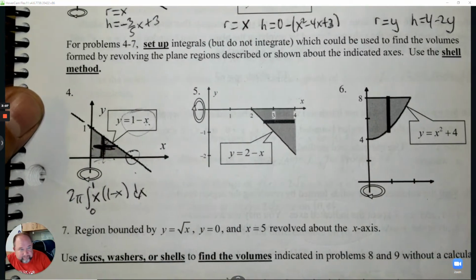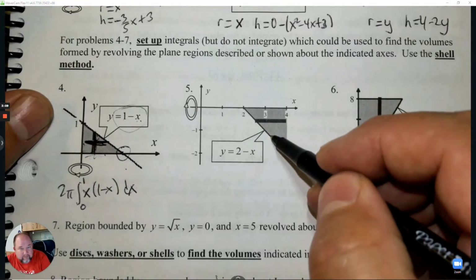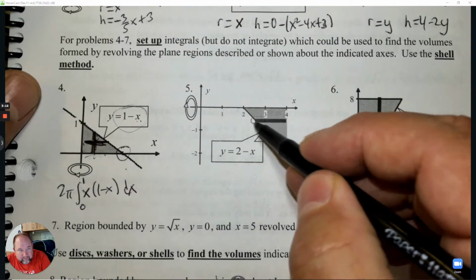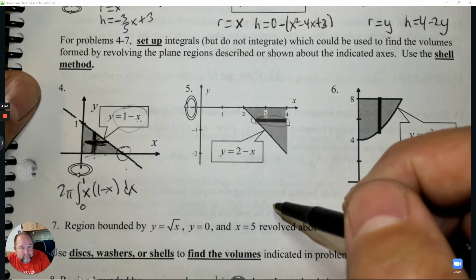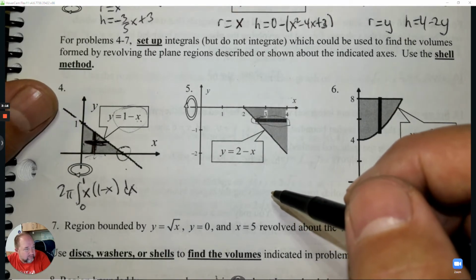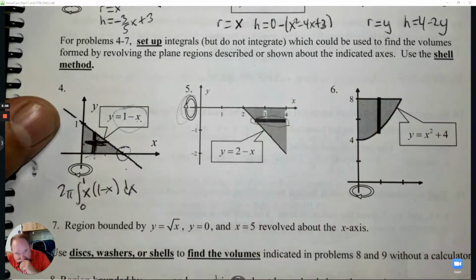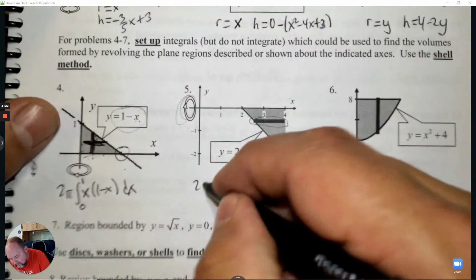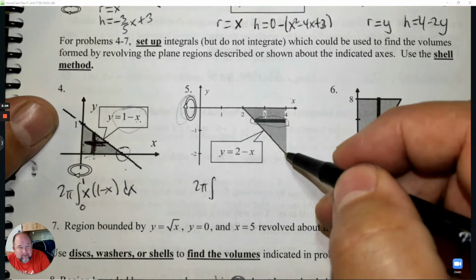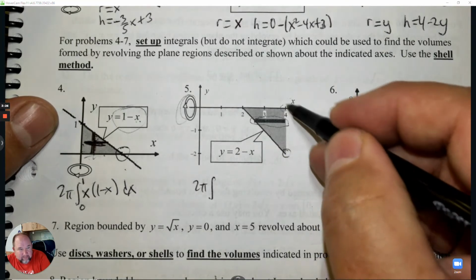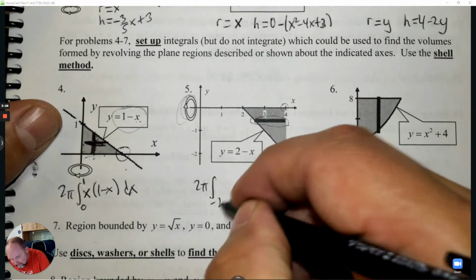Number 5. Again, using the shell method here. This represents the height. Now it's sideways, so it's going to be in terms of y because of the direction it's going. Still 2 pi. The y value, the bottom y to the top would be negative 2 to 0.